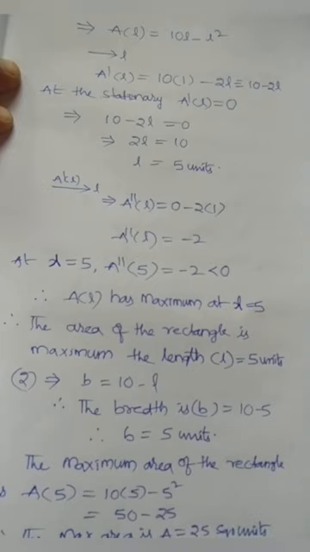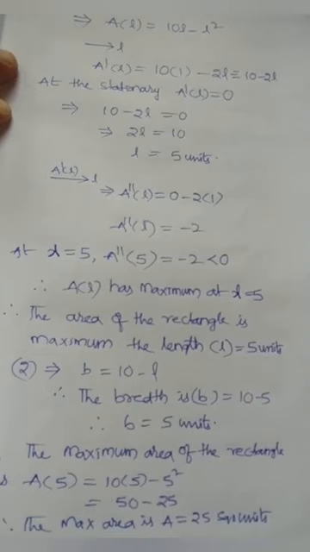Whenever it reaches the maximum area of the rectangle, it converts into a square. He had not asked this in the question, but whenever he asks about this condition, we can write this statement there also. The rectangle becomes a square whenever it is attaining the maximum area under the given conditions.